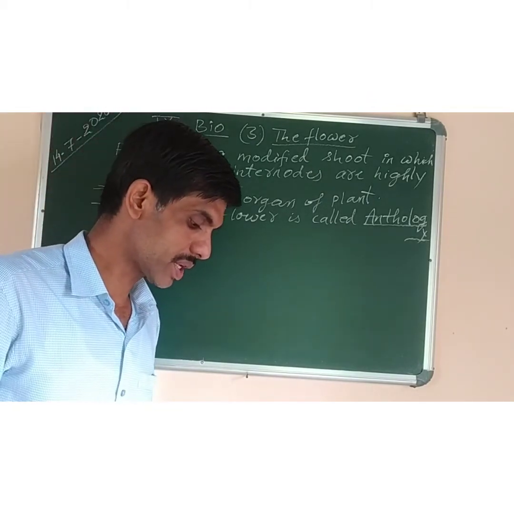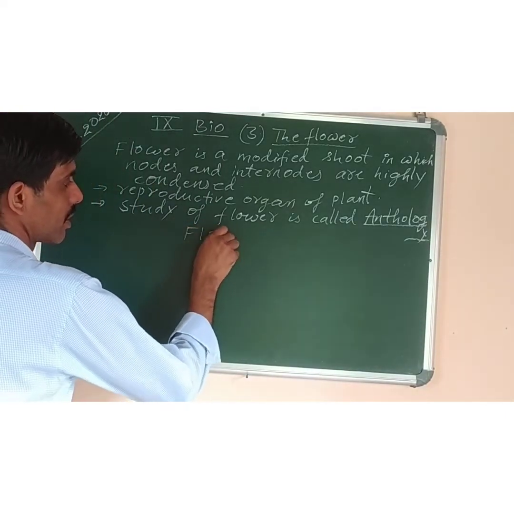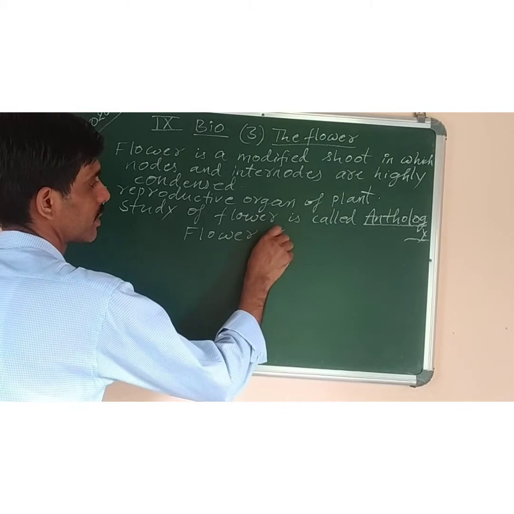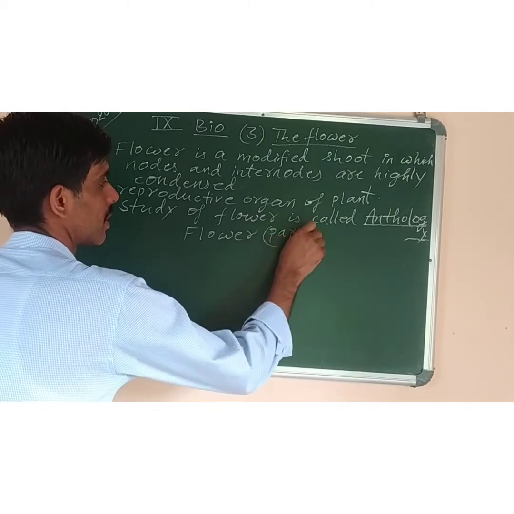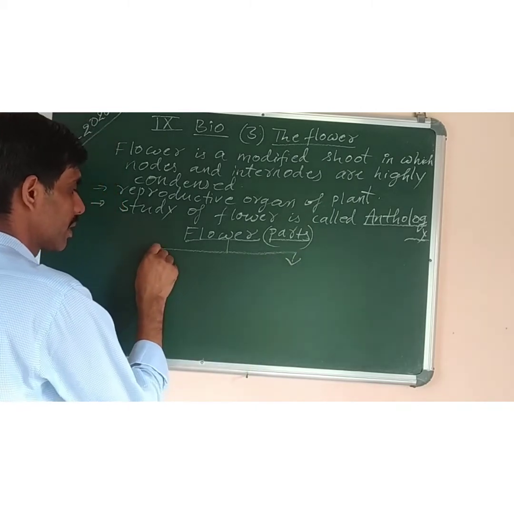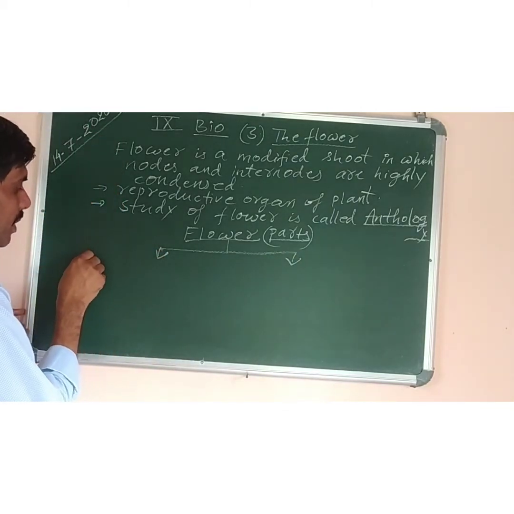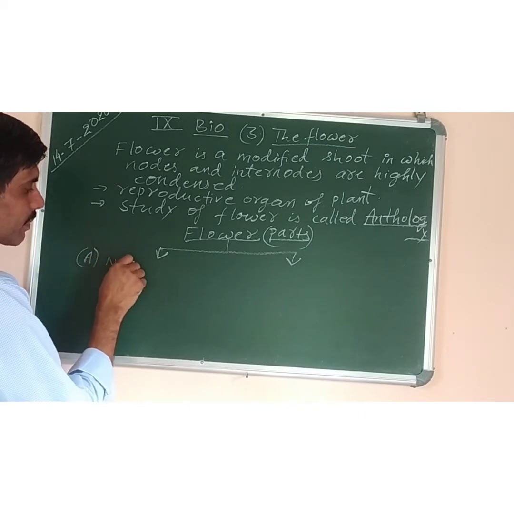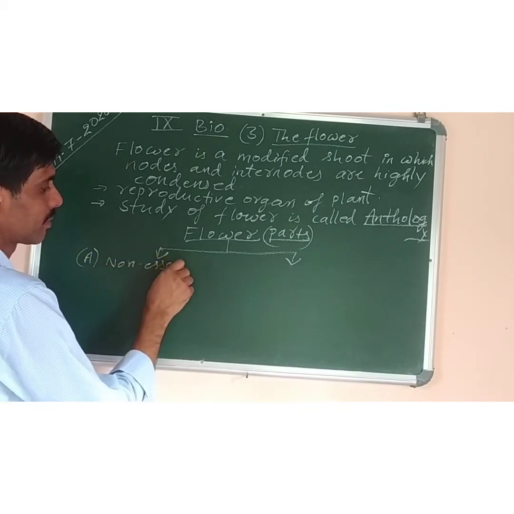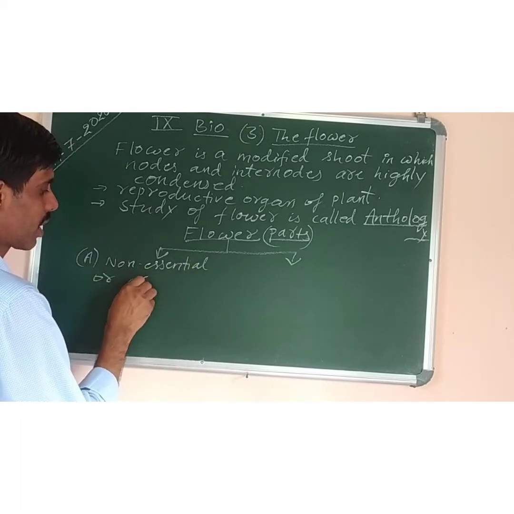Okay, now next we will study parts of a flower. There are 2 main parts of the flower. In your book also it is listed. Number A, non-essential, or it is also called accessory.